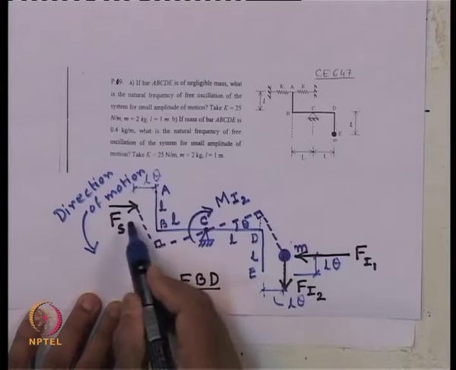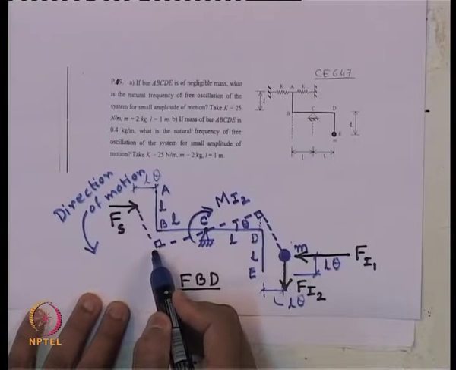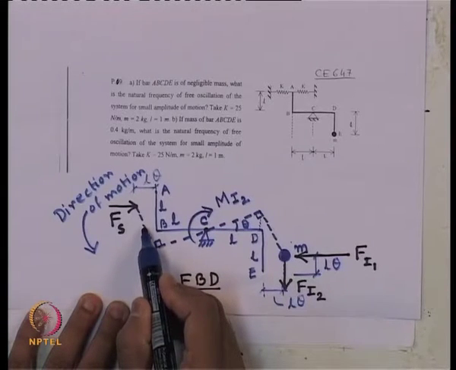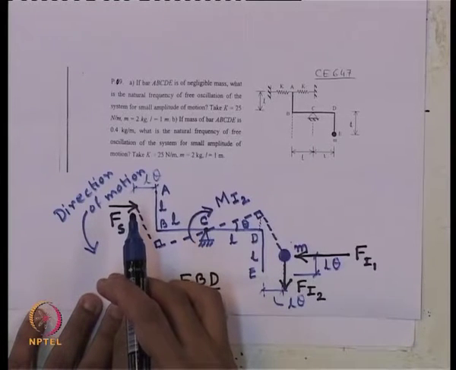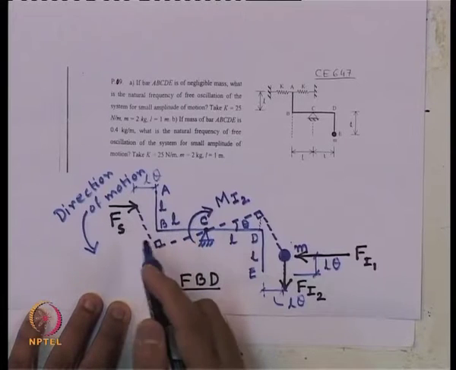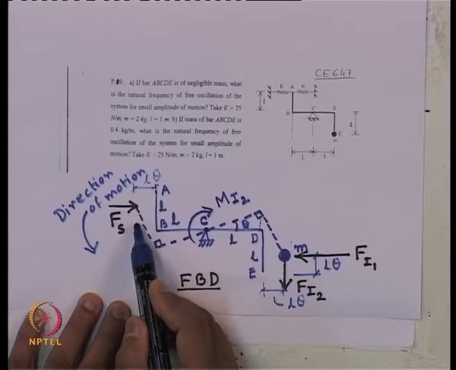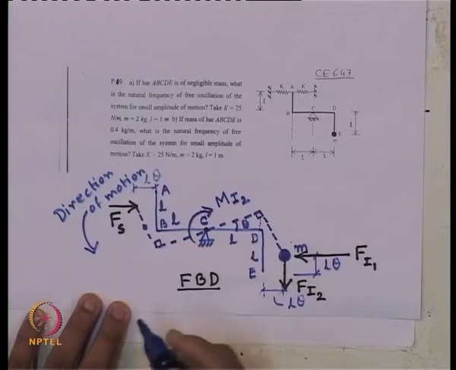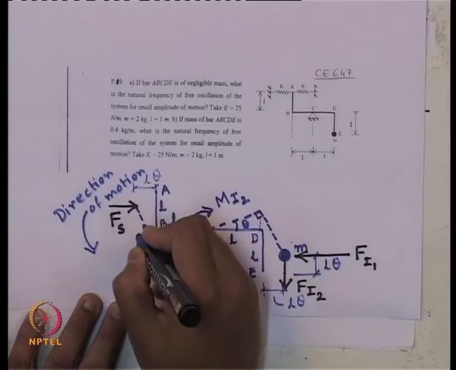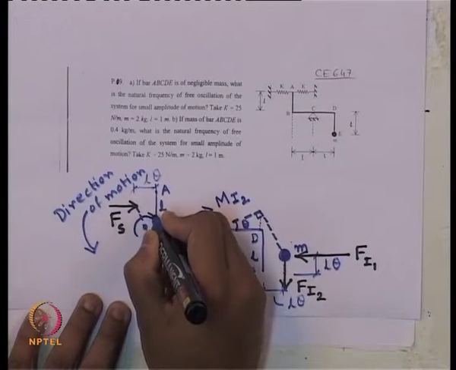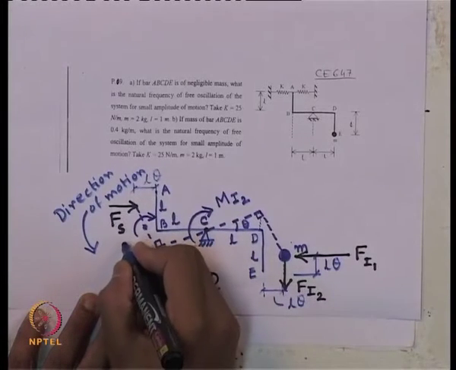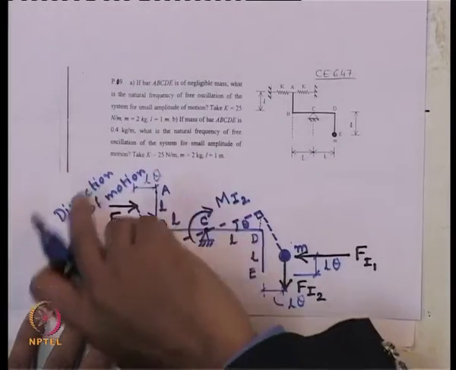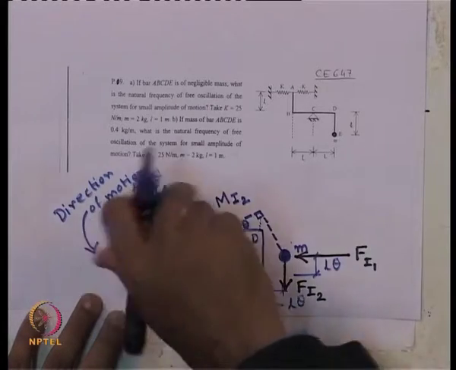Now, for the segment AB, what has happened to this bar? About its center it has been rotated, as well as moved both horizontally and vertically. So about its center point, what inertia forces will act? The torsional inertia, let us denote it as M I 1, which will try to bring it back to its original position, so that is why the direction.